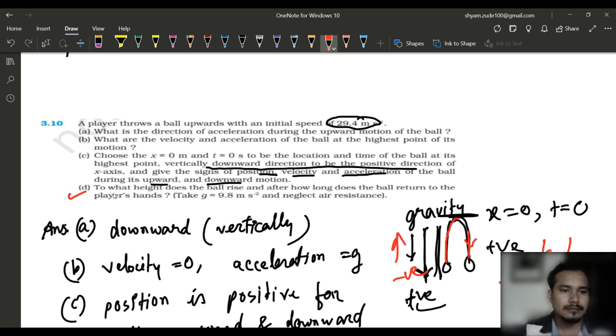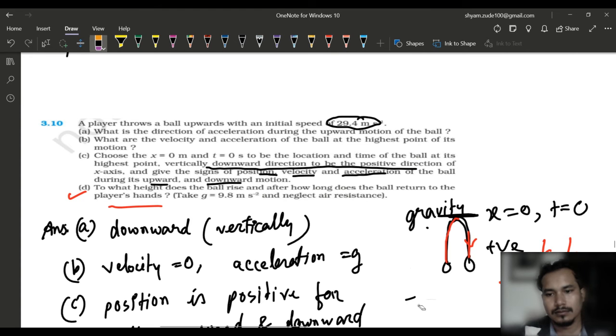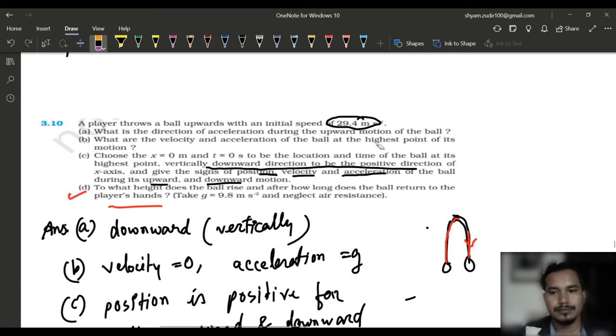Now question number D. To what height does the ball rise, and after how long does the ball return to the player's hand? So what is the total time of this journey of the ball?